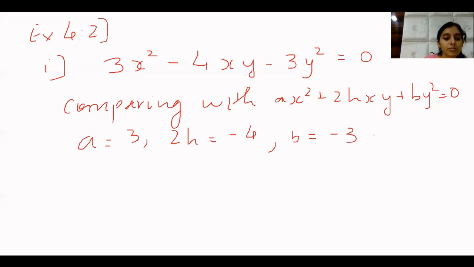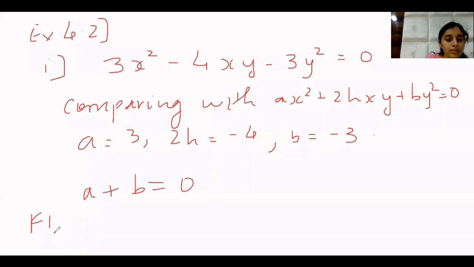They have asked us to show that the lines represented are perpendicular. For the lines to be perpendicular, what should we know? a plus b is equal to 0. Let us find out a plus b.